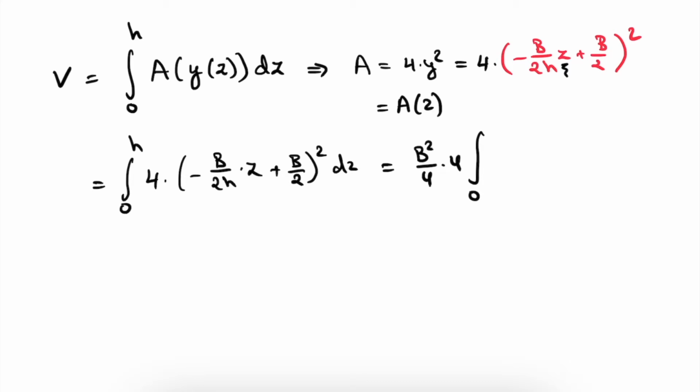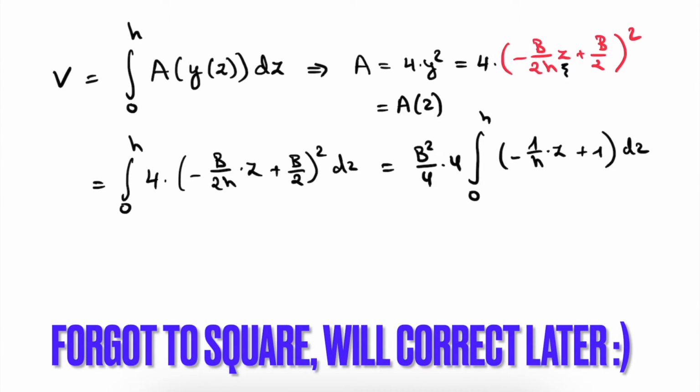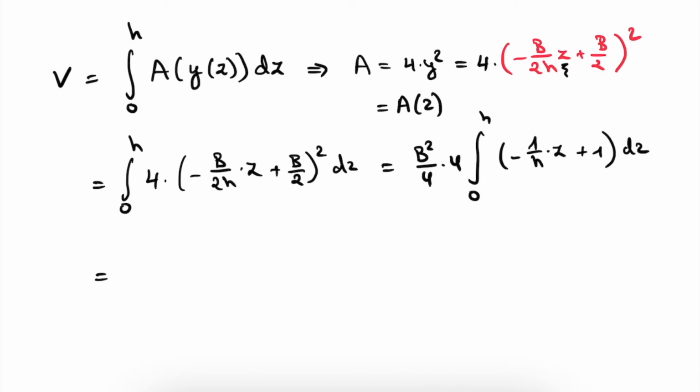And we have the integral from 0 to h of the following: minus 1 over h times z plus 1 dz. And what we now do is a very simple substitution. We see that this 4 cancels out. So we have b squared multiplied with an integral where we are performing a substitution. So we have minus 1 over h times z plus 1.